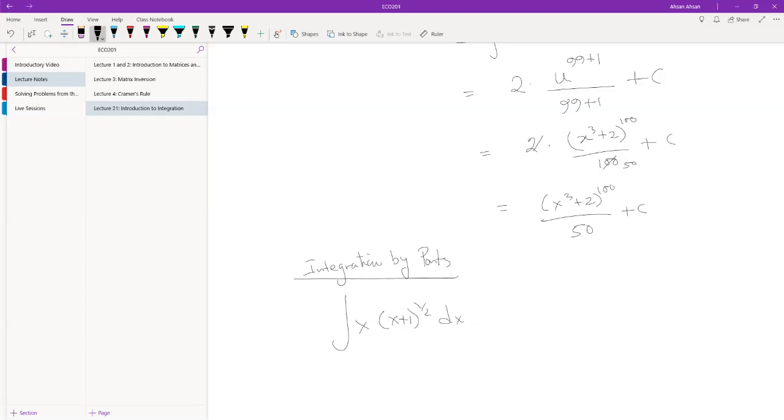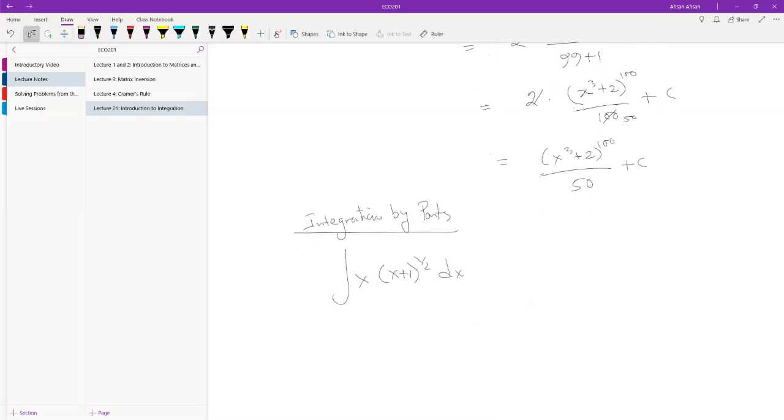Okay, so hopefully you've tried to integrate this, and found out that we cannot use the substitution method here. It's not going to work out. And as a result, what we are going to have to do is use integration by parts.